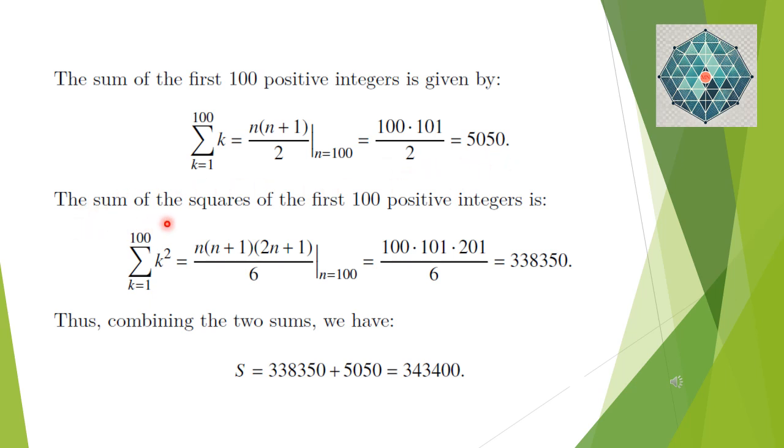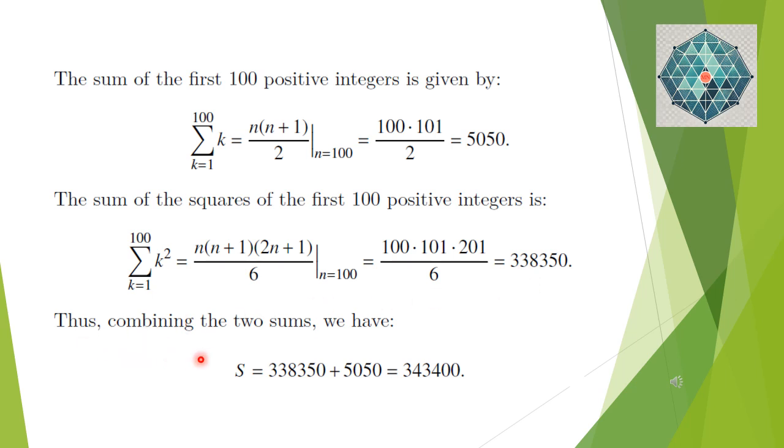The sum of the squares of the first 100 positive integers is sum of k squared equals n times n plus 1 times 2n plus 1 divided by 6, where n is 100. That is, 100 times 101 times 201 divided by 6, which equals 338,350.